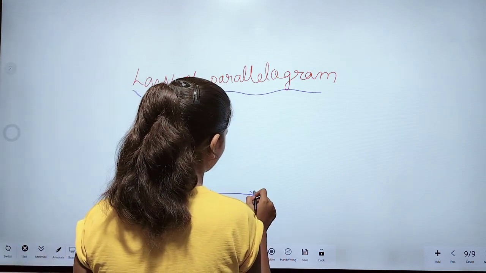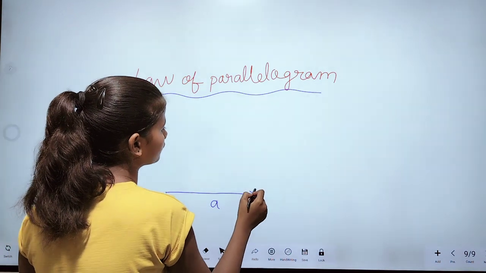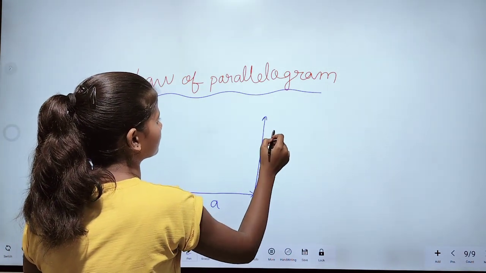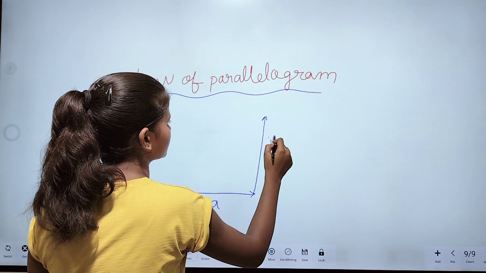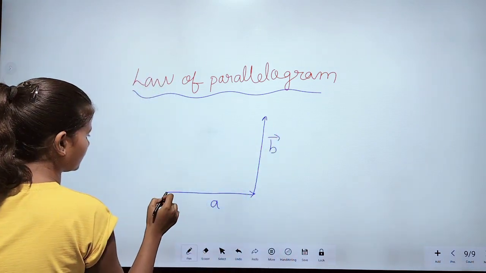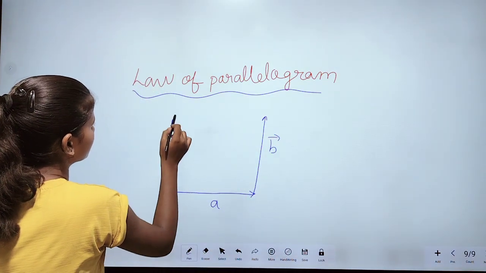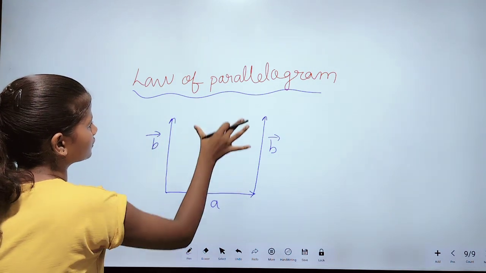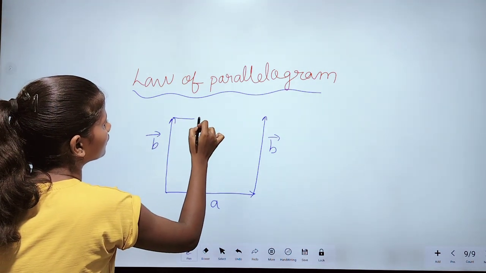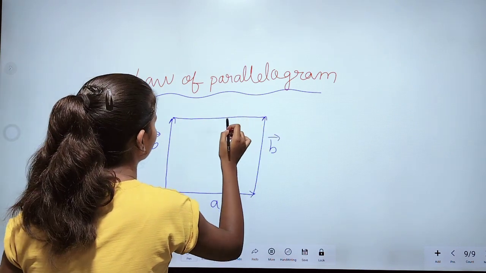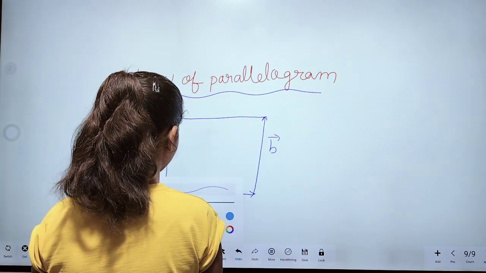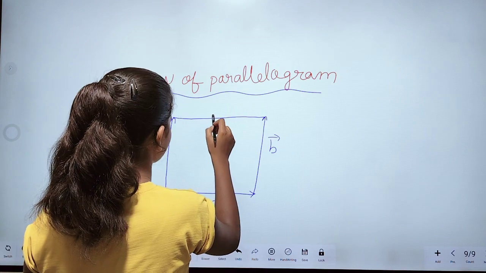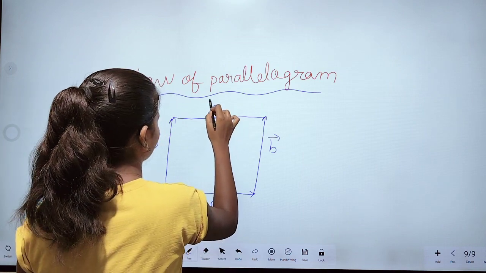Draw the second vector on the head of the first vector. B vector. Now shift parallel. B vector. A vector.